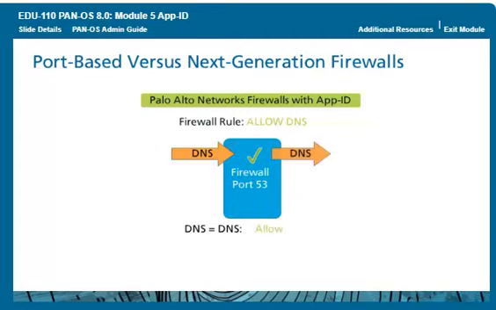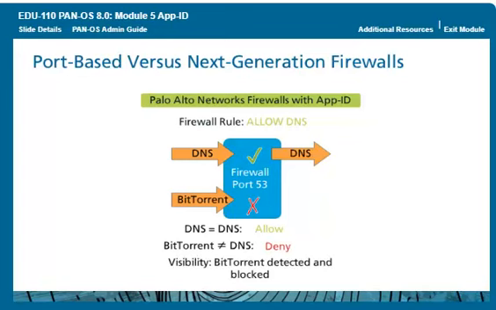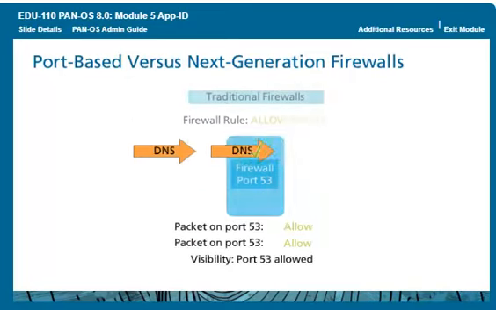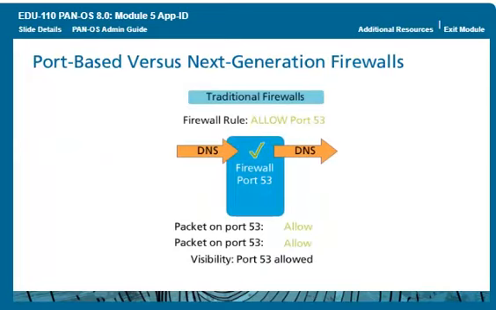If you configure the firewall security policy rule to use the application default port, then the firewall allows only DNS traffic on port 53 and denies all other non-DNS traffic on this port. In this way, the Palo Alto Networks firewall protects the network from evasive applications that switch ports or use non-standard ports. This protection is not available on a network protected by a traditional port-based firewall.